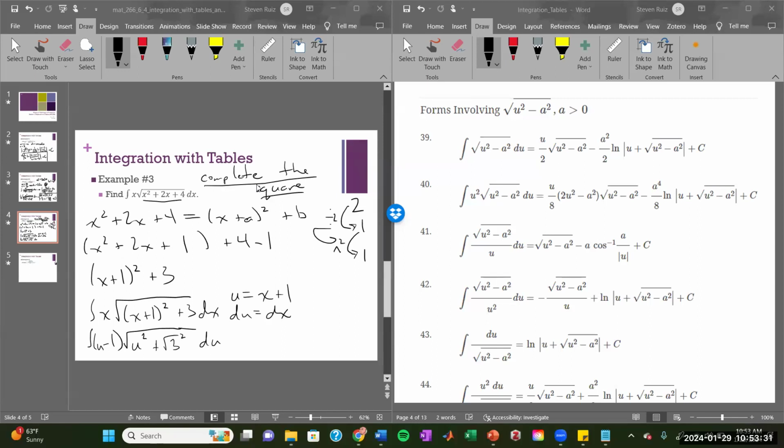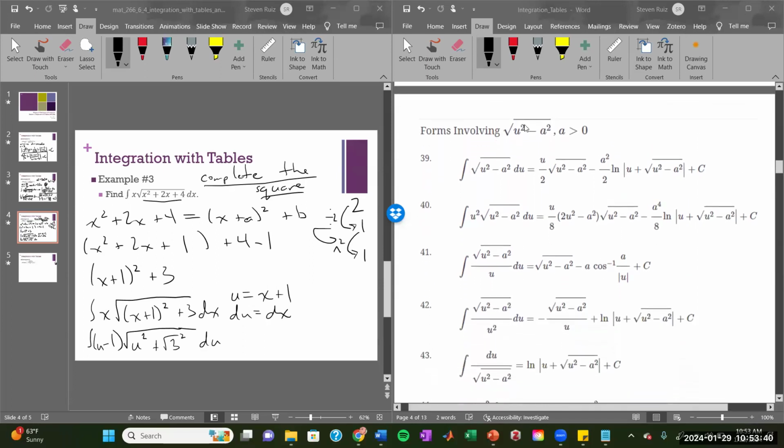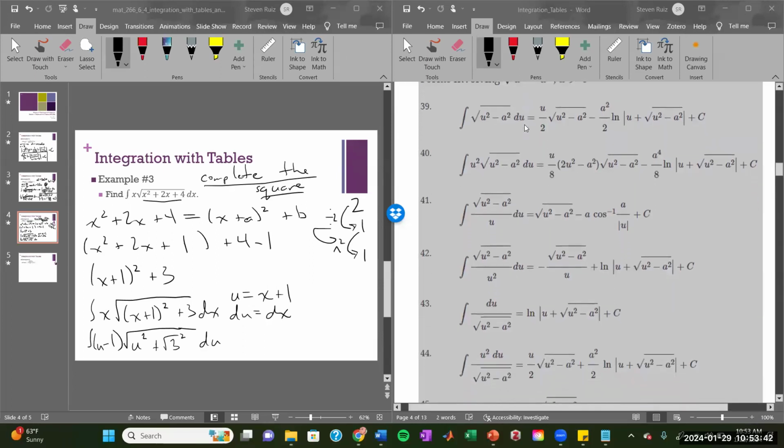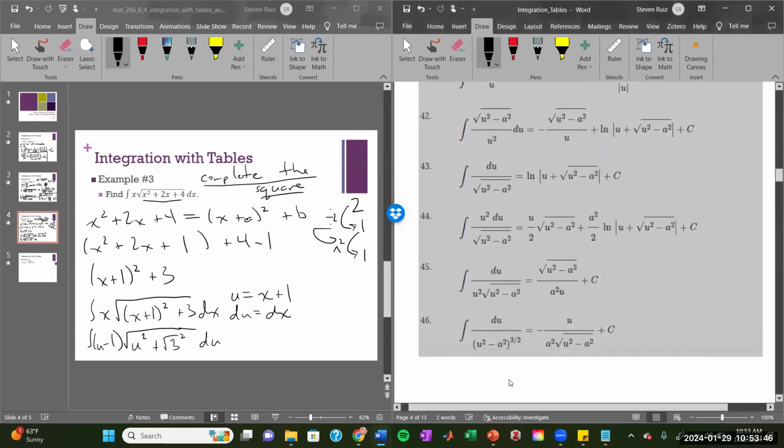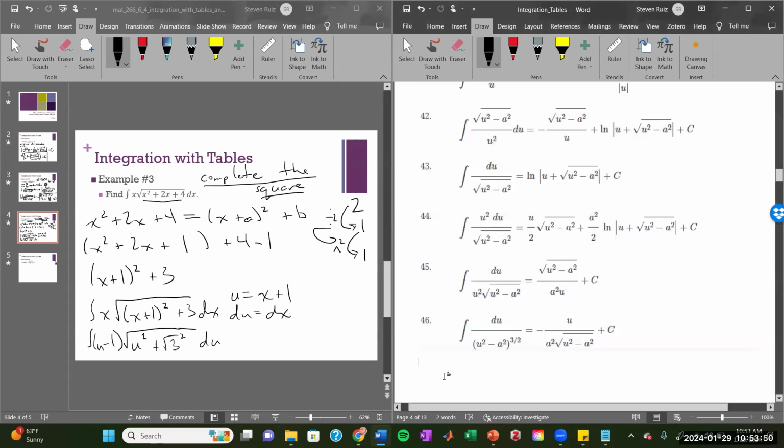Okay, what page am I on? It's still not scrolling, is it? There it is. Yeah. I hate everything. Okay.